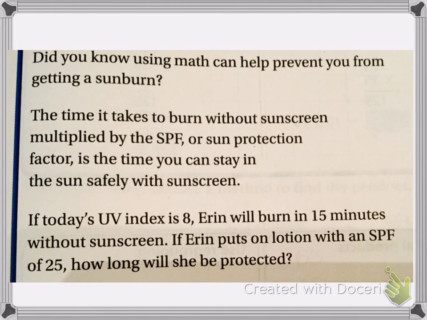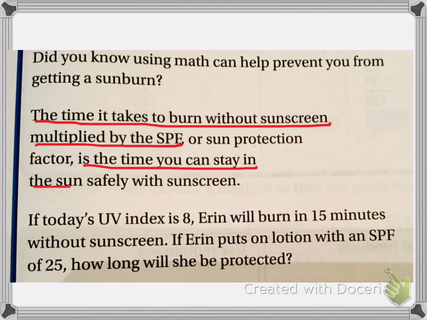All right, let's go back in and take a look. I want you to underline the sentence that tells you how to find the answer. All right, so if you did this, you are right on. The time it takes to burn without sunscreen multiplied by the SPF is the time that you can stay in the sun safely with sunscreen.